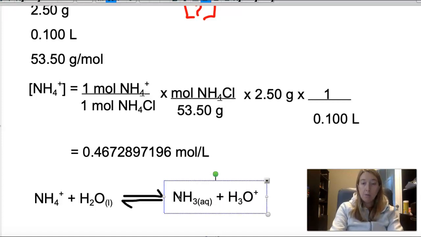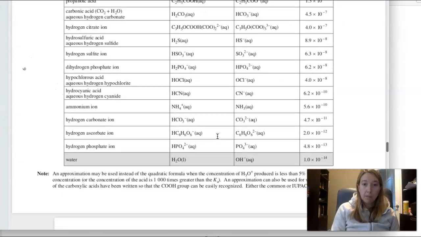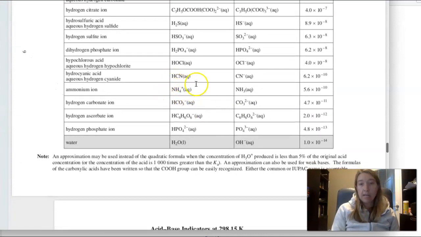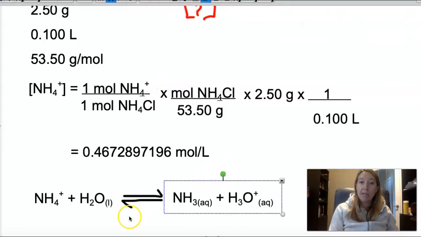Okay, how I know that I was making ammonium, when I look for it in that acid table, right? It's right here. It's in the acid column. So because it's an acid, that's why I know it has to behave as an acid, and it is going to produce that hydronium.